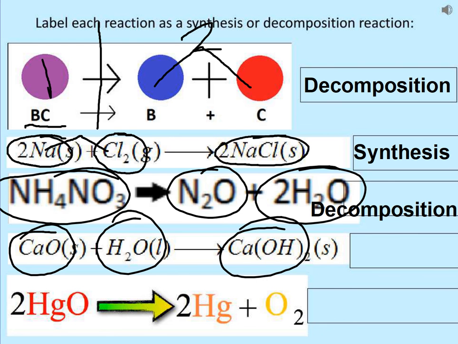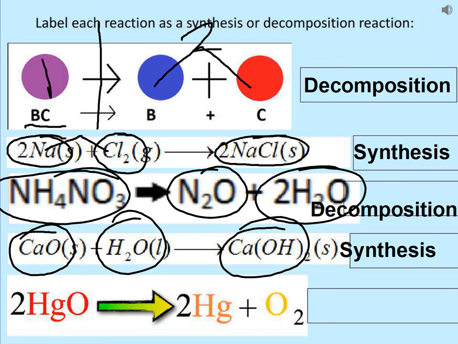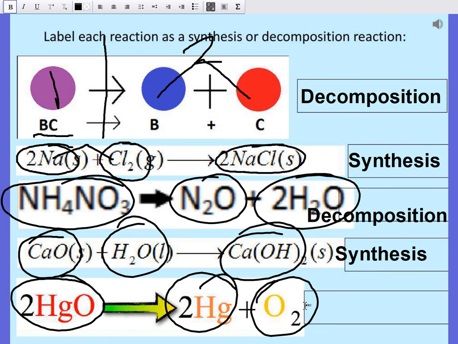Two making one would be building, and building is synthesis. And then last, chemical reaction, we have one substance into two. So one breaking into two should be decomposition. So check your work, you should have had decomposition, synthesis, decomposition, synthesis, and decomposition.